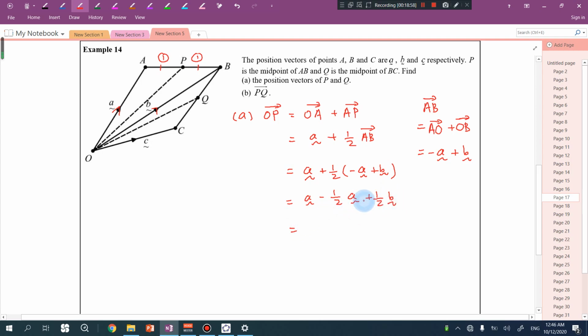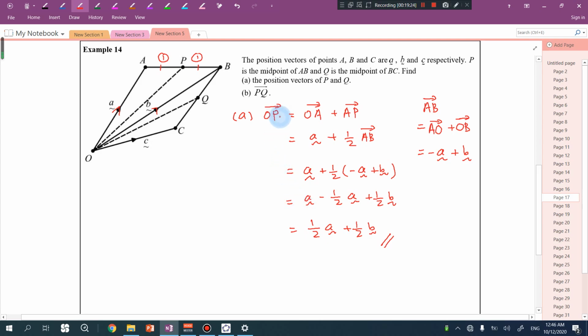This is just like when you solve an algebraic expression. These two are like terms. This is a, so we take 1 minus 1 over 2, you get 1 over 2 a, then plus 1 over 2 b. Let me check my answer. Yes, 1 over 2 a and 1 over 2 b, correct. So this is the position vector OP.